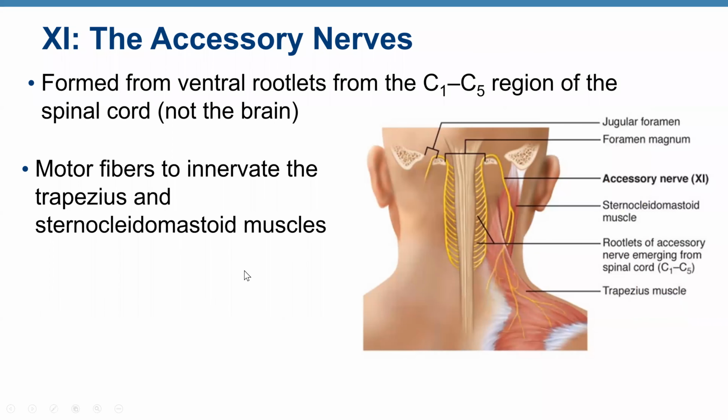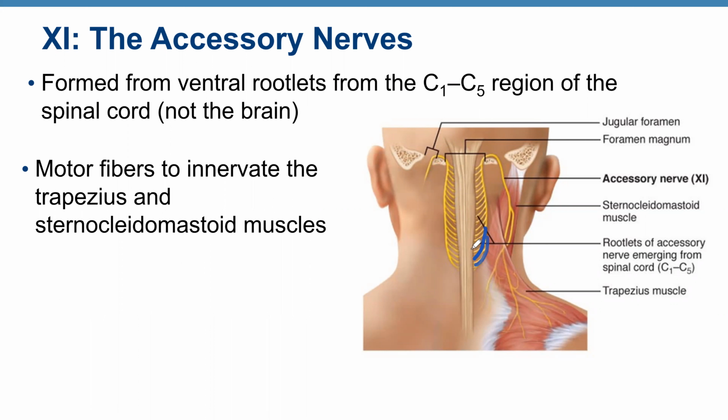11, accessory nerve, formed from ventral rootlets from C1 through C5 region of the spinal cord, not the brain. So it's interesting, we still consider it to be a cranial nerve, but it's not branching from your brain. It's branching from the spinal cord, from C1 through C4, but it will be C5 spinal nerve.